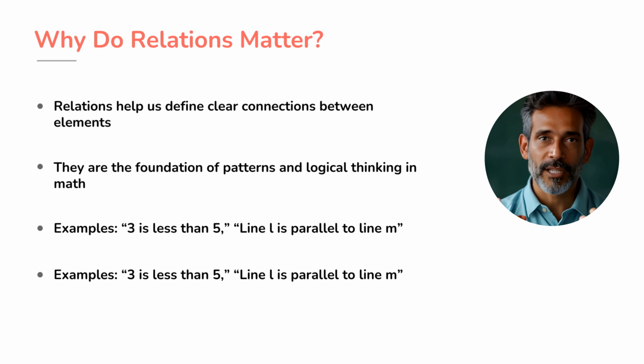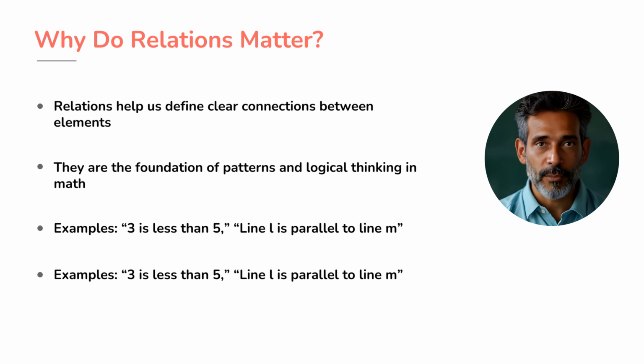Let's look at a few examples you might recognize. When you say number 3 is less than number 5, you're describing a relation between two numbers. When a line, which we call L, is parallel to another line M, that's a relation between two lines. Or when one set A is a subset of another set B, that too is a relation.